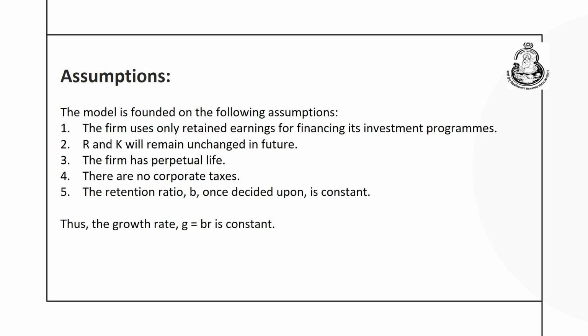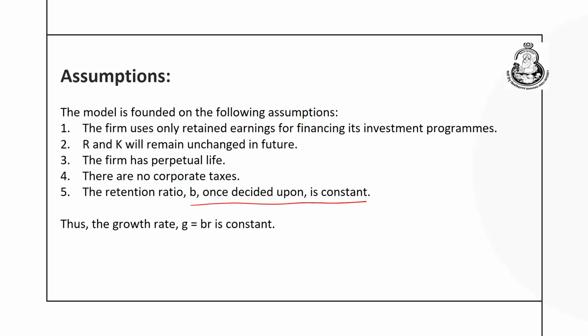Now, the r and k will also remain unchanged in future. The r, that means the internal rate of return, and the cost of capital will remain constant in future. The firm has perpetual life, corporate tax does not exist, and the retention ratio, that is represented by b, once decided by the company, will also remain constant.